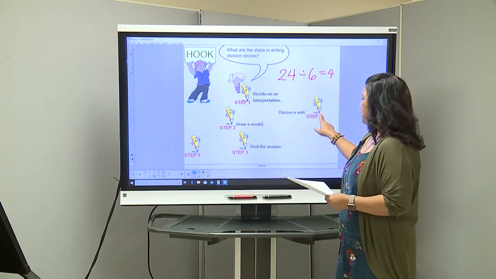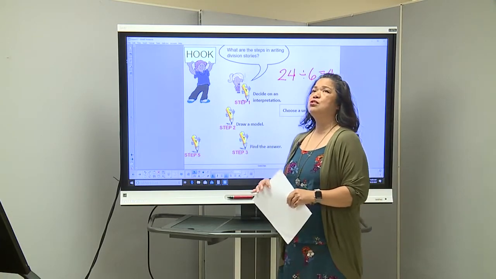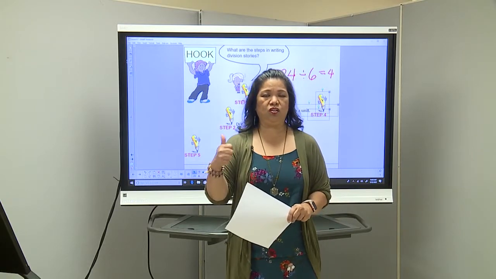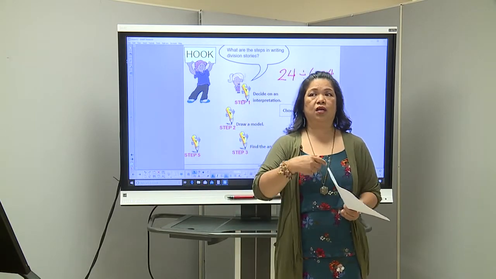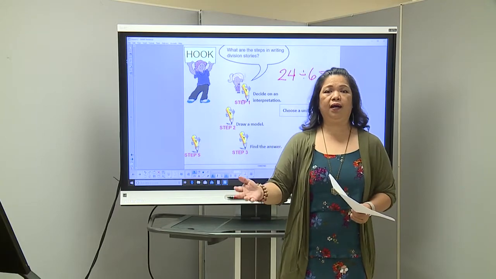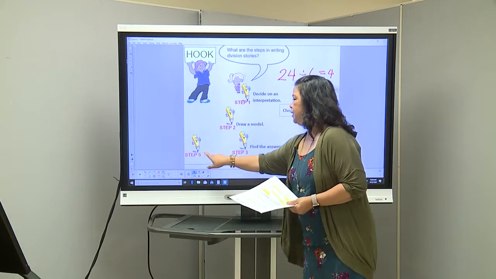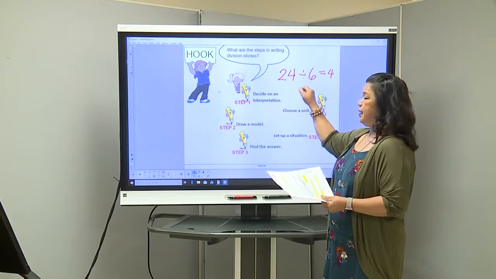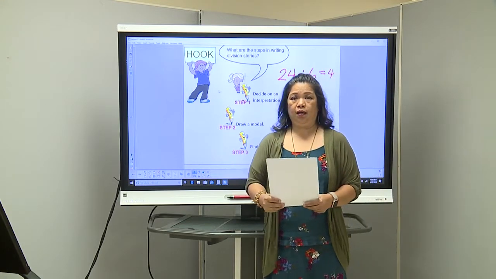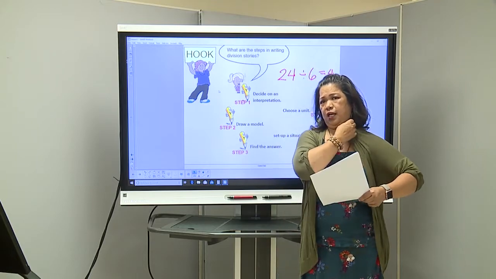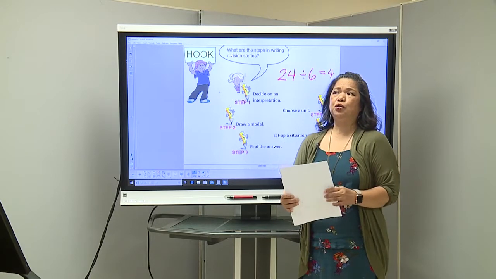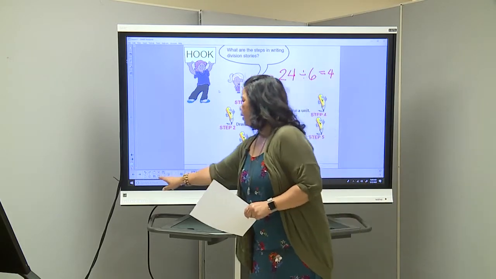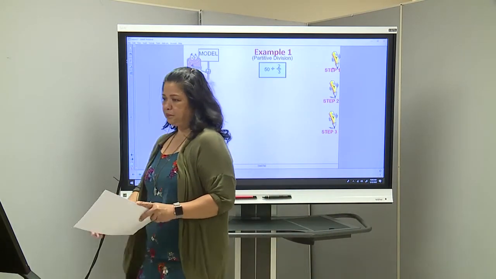Step 4, you choose a unit. There are tons of units of measure that you can use. There's yards, there's miles, there's gallons, pint, etc. And then finally, you set up the situation based on your division expression. So make sure it is clear, make sure it makes sense, and make sure it's realistic. Okay, so let's begin.